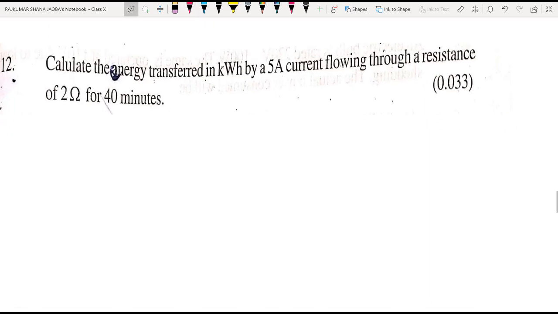Calculate the energy transfer in kilowatt hour. Kilowatt hour means 1 unit, by a 5 ampere current flowing through a resistance of 2 ohms for 40 minutes. So here time t equal to 40 minutes, so 40 divided by 60 hour.